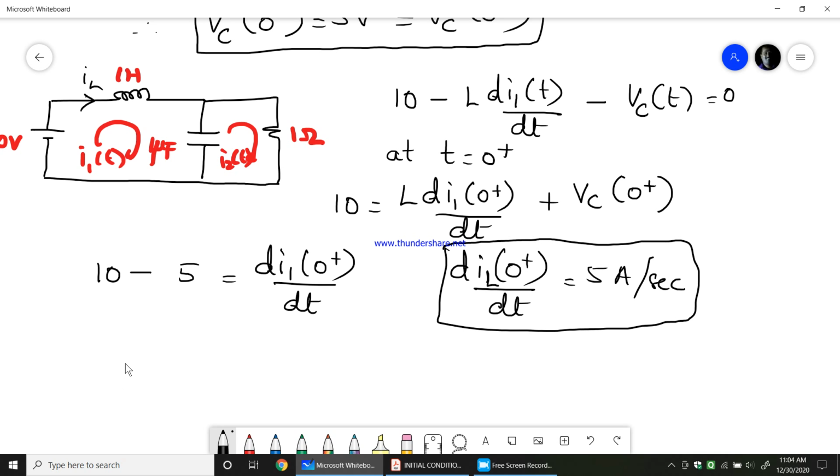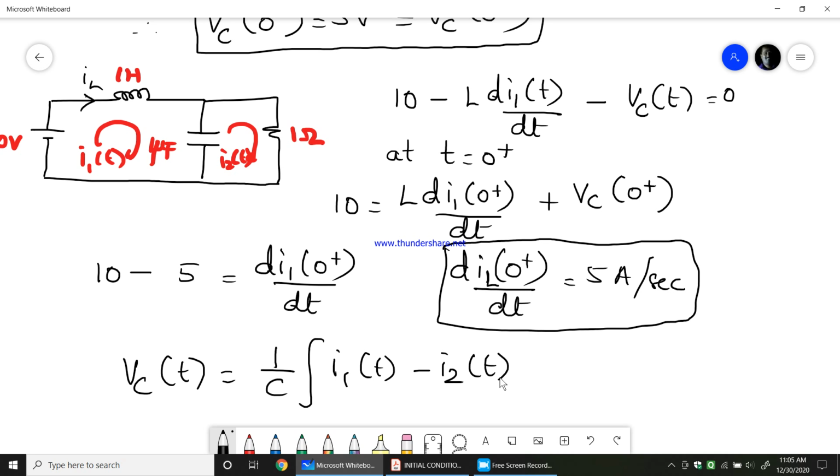Now what is Vc of t here? It would be 1 over C times the integral of I1 of t minus I2 of t dt, because the capacitor is between the currents I1 and I2. So the voltage across the capacitor depends on this current minus this current.